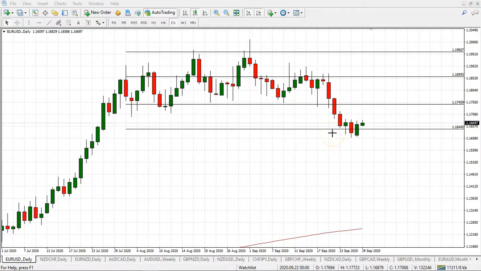Now, here's the situation. It's a very interesting situation. On one hand, we have some technical evidence that price might have been preparing for a breakdown.